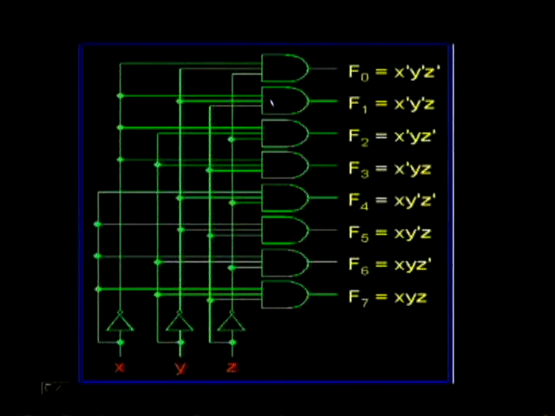The second AND gate's output is x bar, y bar and z. Since for the 0, 0, 0 input z is 0 and is an input to the second AND gate, its output will be forced to 0. Like this, we can apply the logic for all remaining outputs and check.